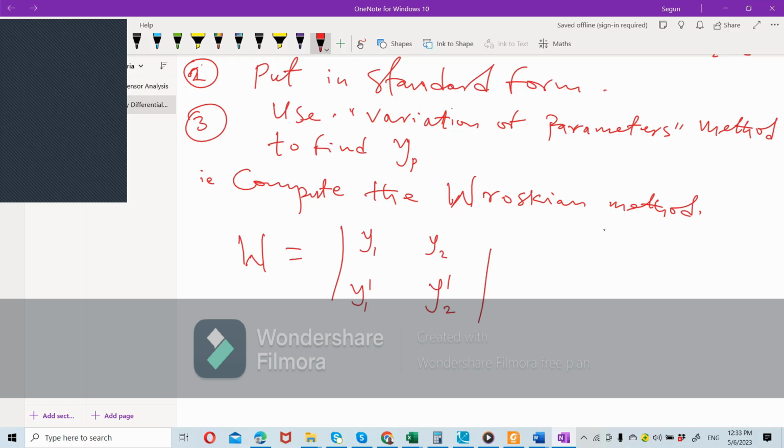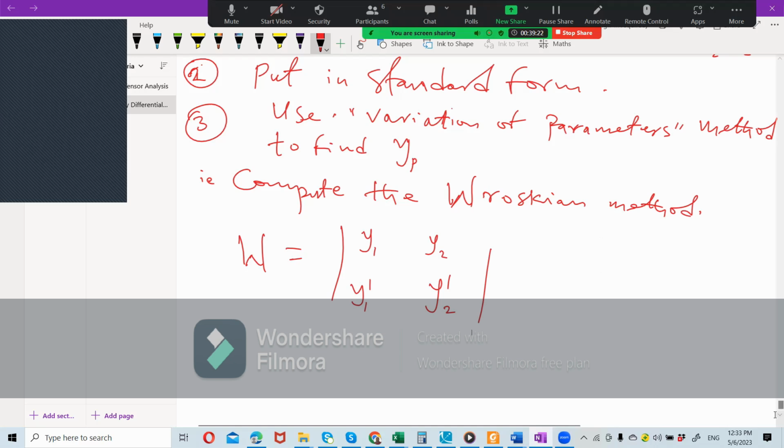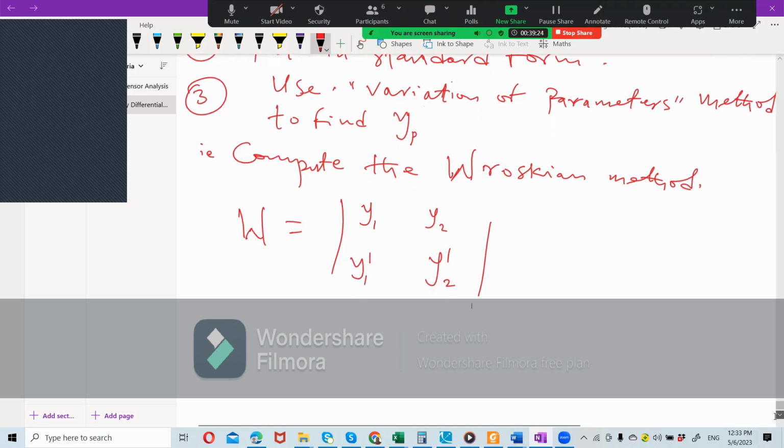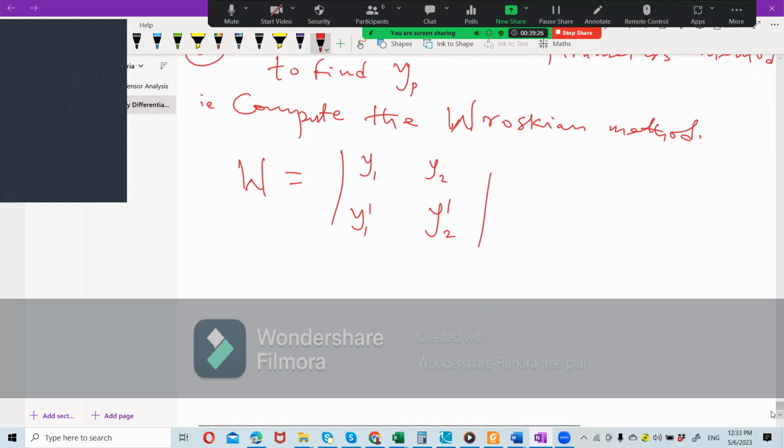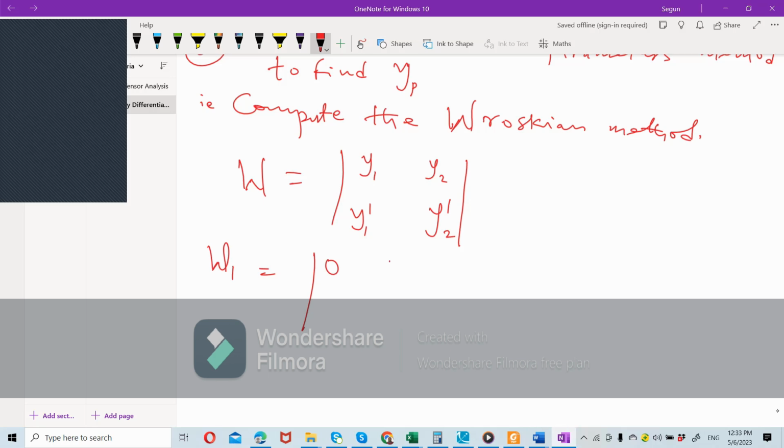How do we do this? We have W1 to be, this place will be 0, y2, f of x, y2 prime. We find its determinant.